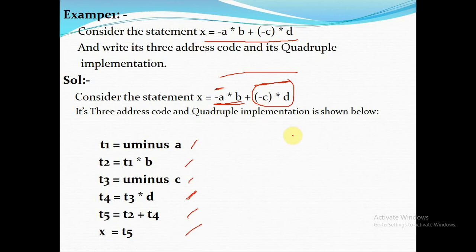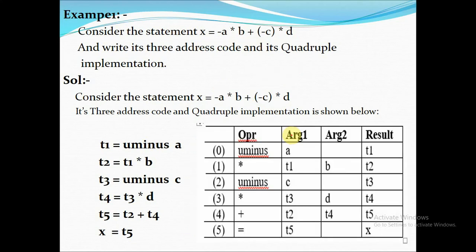And the quadruple implementation contains 4 columns. As the name implies, it contains 4 columns as shown here: operator, argument 1, argument 2, result. Take each statement of 3 address code and try to correlate with the table.